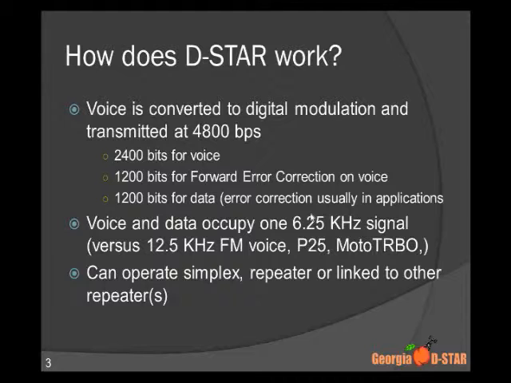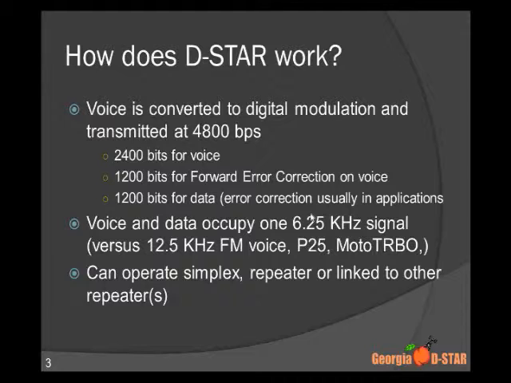One thing about D-Star that's always very attractive, Ray mentioned this a little while ago, is its occupied bandwidth fits into the narrow band mask of 6.25 kilohertz. Some people will say that P25 and Moto Turbo, while they're very good technologies, are 6.25 kilohertz equivalent, but actually they are transmitting 2 time slots in a 12.5 kilohertz channel.